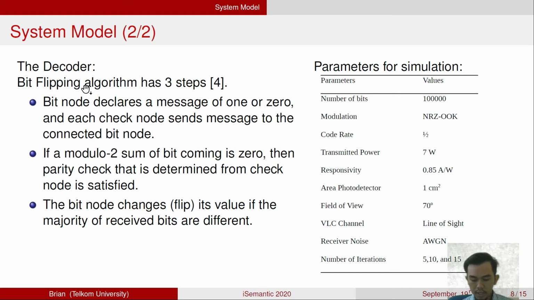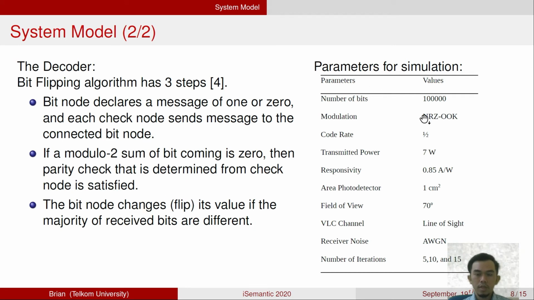In bit flipping, the message nodes send binary messages to the check nodes. Then each check node sends a message to the message nodes connected on the Tanner graph, and checks whether the parity check is fulfilled or not. If not fulfilled, the bit will change, like the name bit flipping, and if fulfilled, the bit is correct. So just simple like that.